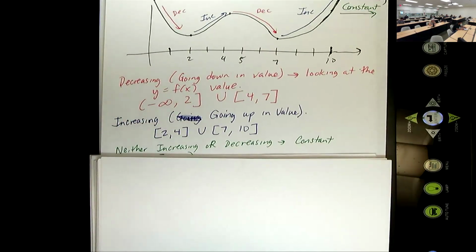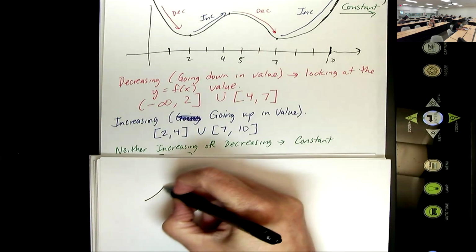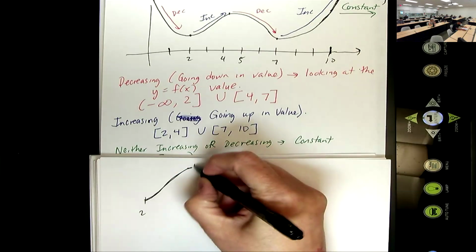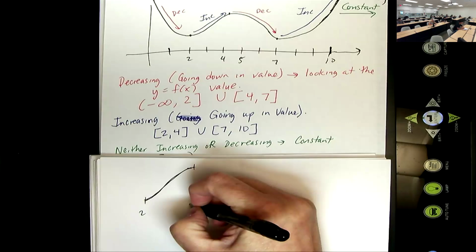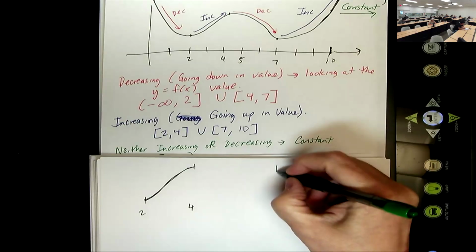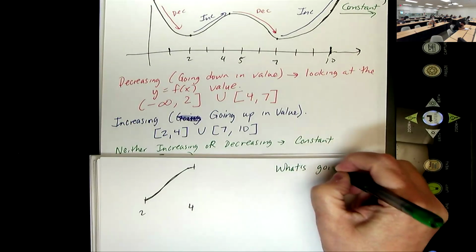So like from 2 to 4, it's doing something like this. And what I want to think about is what's going on with the derivative. We're looking at how calculus affects it. So what's going on with the derivative?